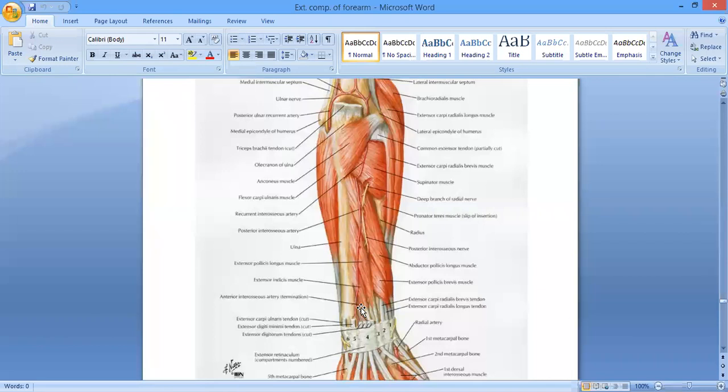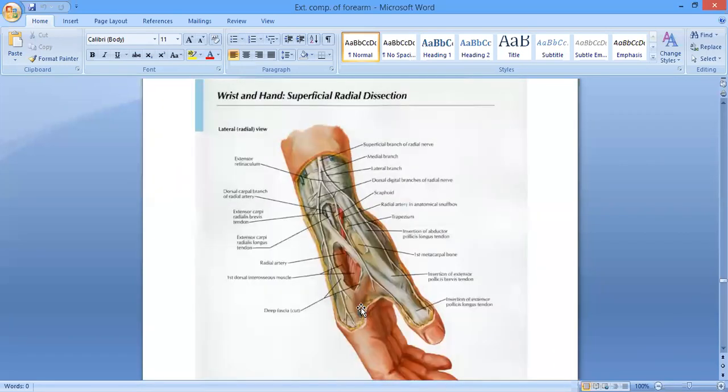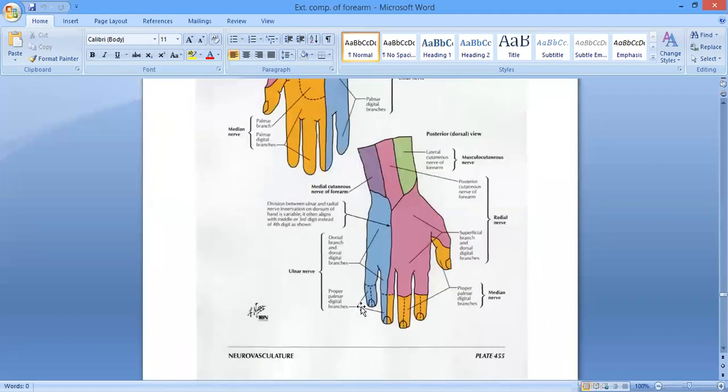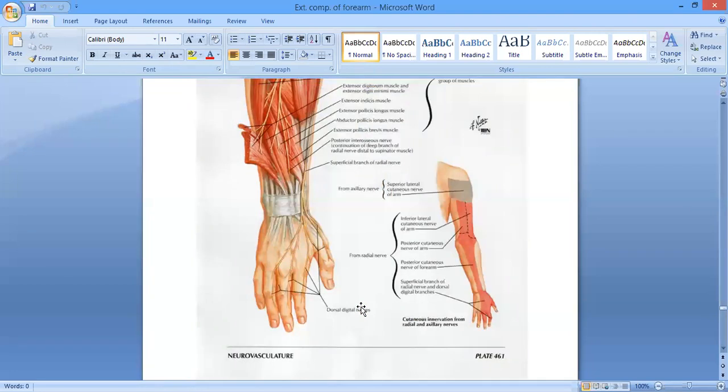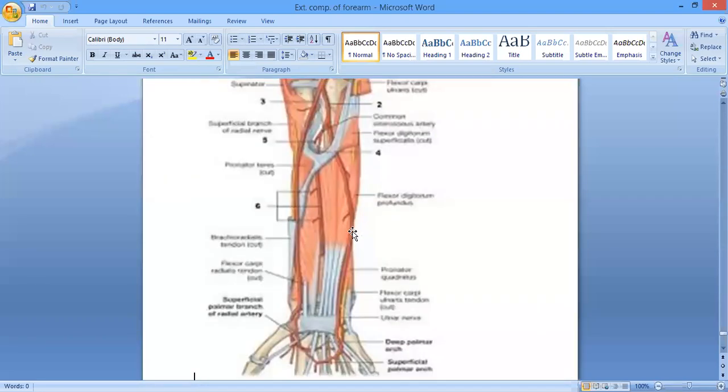अगर आपको याद हो तो मैंने आपको बताया था कि anterior interosseous artery जो है, here you can see the anterior interosseous artery आ रही है ना. At the upper border of the pronator quadratus it is going to pierce the interosseous membrane and go to the posterior compartment. ठीक है.